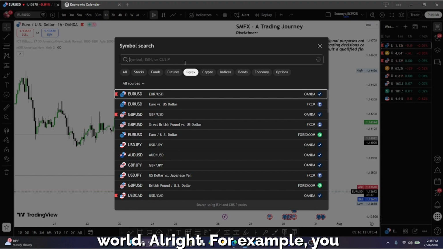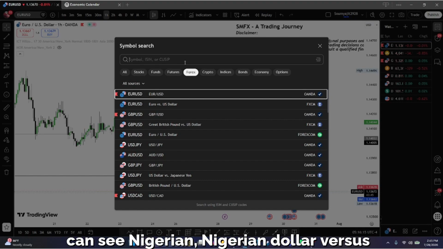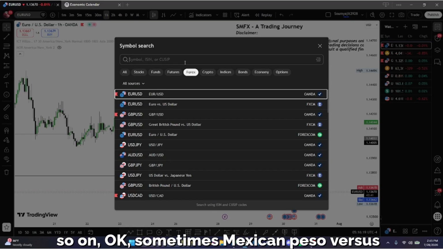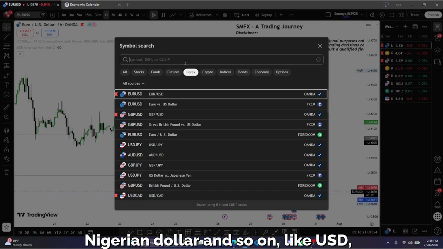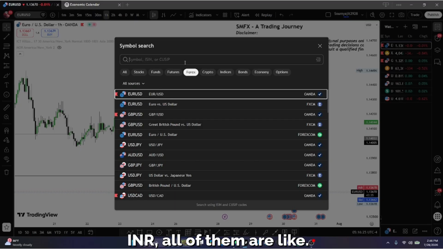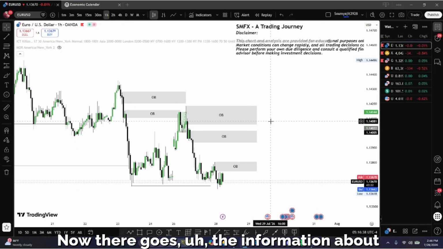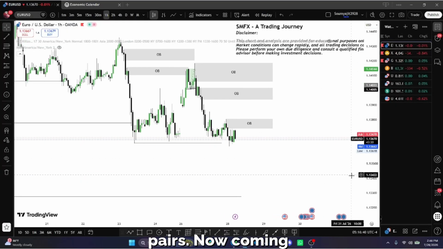For example, Nigerian dollar versus US dollar, or Mexican peso versus Nigerian dollar, and so on. Like USD INR, all of them are exotic. They are not traded too much and are generally just consolidating. Now there goes the information about pairs.